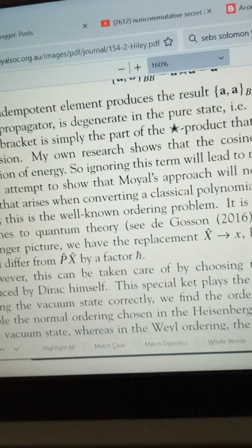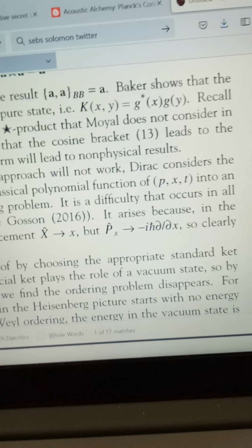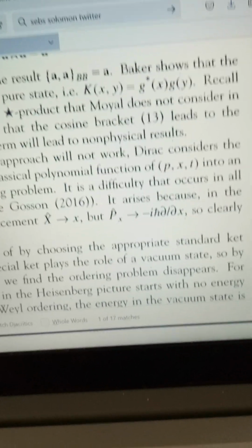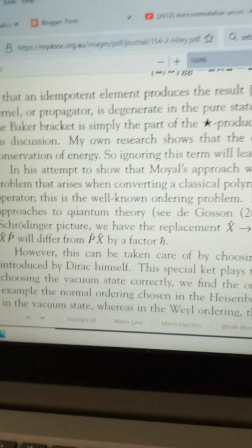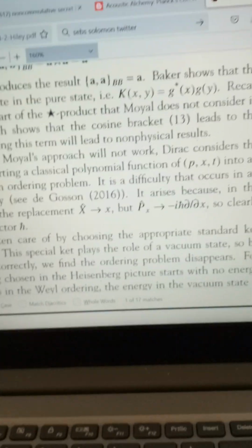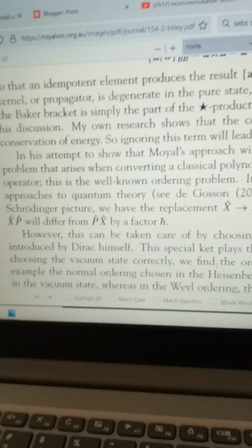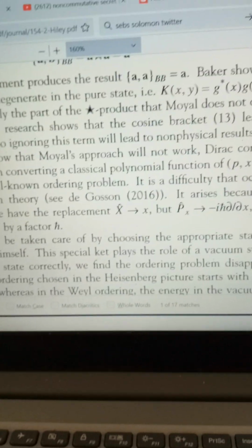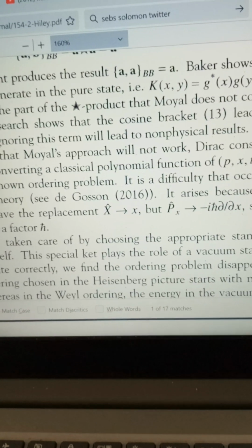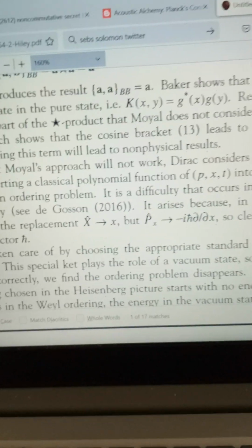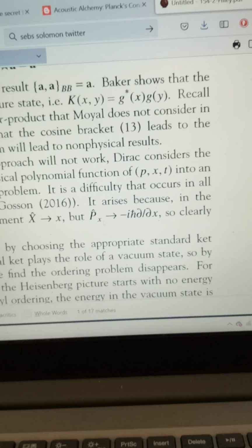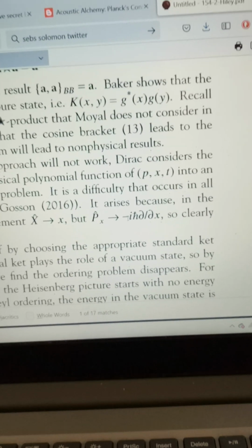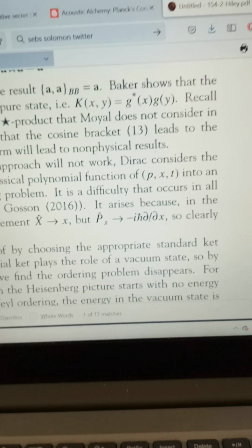And this is better explained by Professor Hiley in his recent paper, where he says the difficulty that occurs in all approaches to quantum theory arises because in the Schrodinger picture we had the replacement of the measurement of position, but when we switch to momentum, we have the imaginary number with Planck's constant.